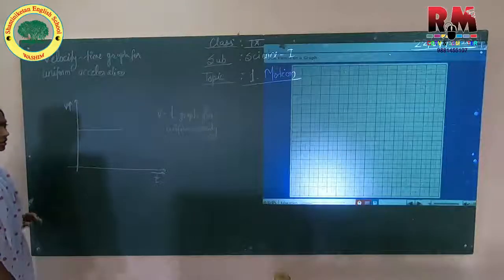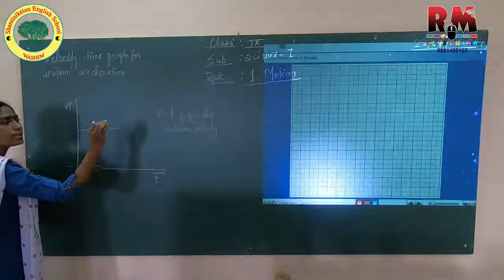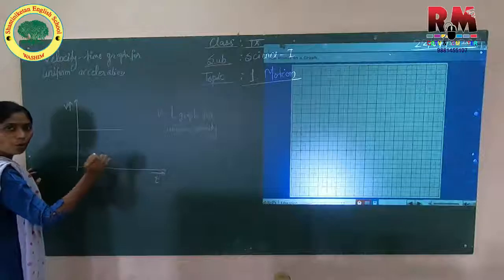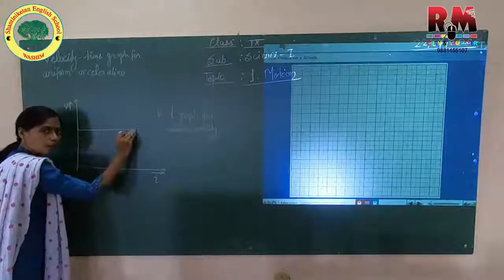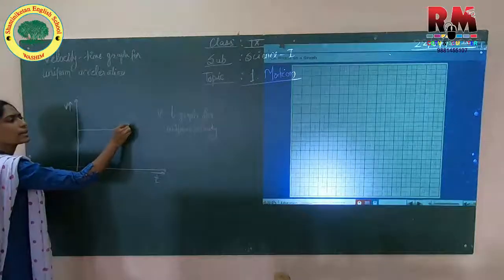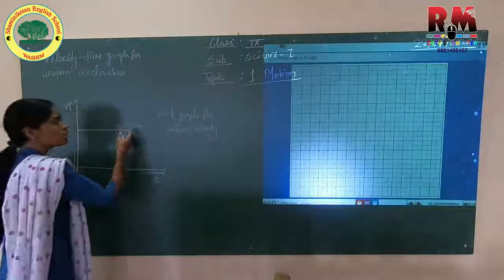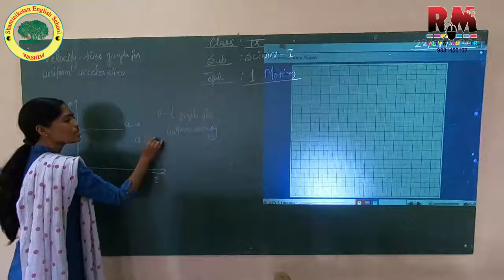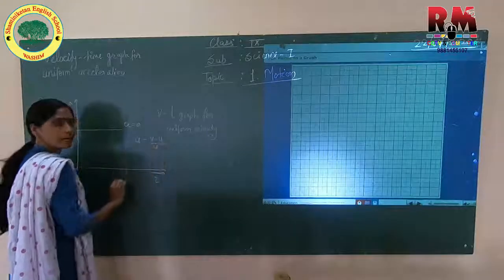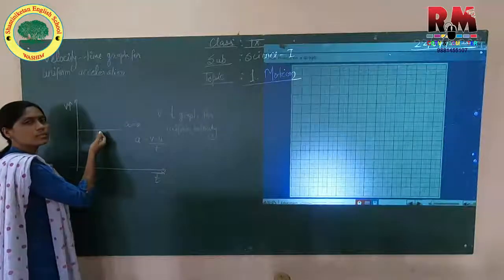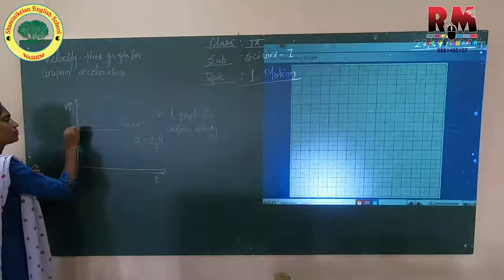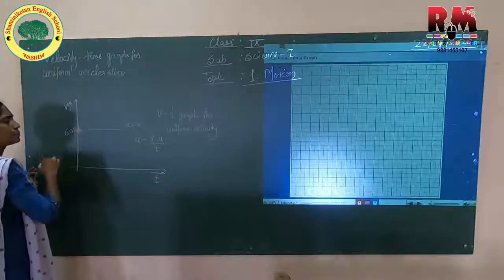So if velocity is uniform, constant or same throughout, then the acceleration is 0, because acceleration is change in velocity with respect to time. If we do not have any change in velocity, suppose this is 60 kilometer per hour.